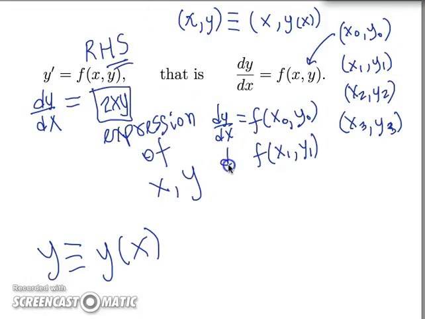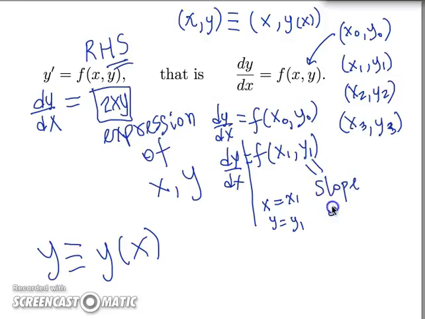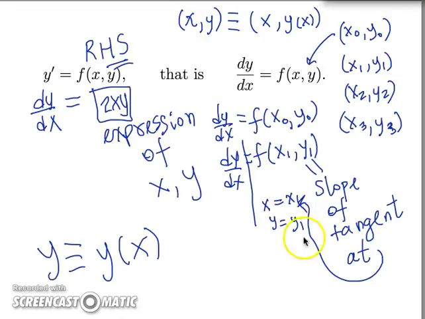Okay, so let me write here dy dx equals f of that, but what we're saying there is that at x equals x1 and y equals y1, we are obtaining information about the slope of the tangent, in some sense, slope of the tangent at this point, x1, y1.